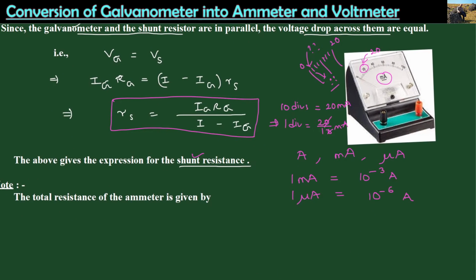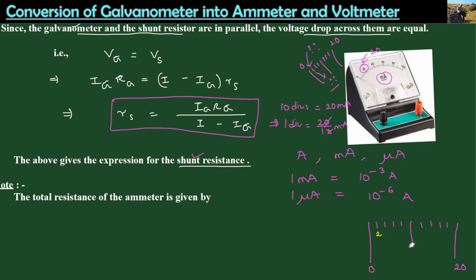If you enlarge the figure, this will be the 0 end, and then 1, 2, 3, 4, the 5th division, 6th, 7th, 8th, 9th, and the 10th division. This is 0 and this will be 20, which means this division will be equal to 2 milliamperes.